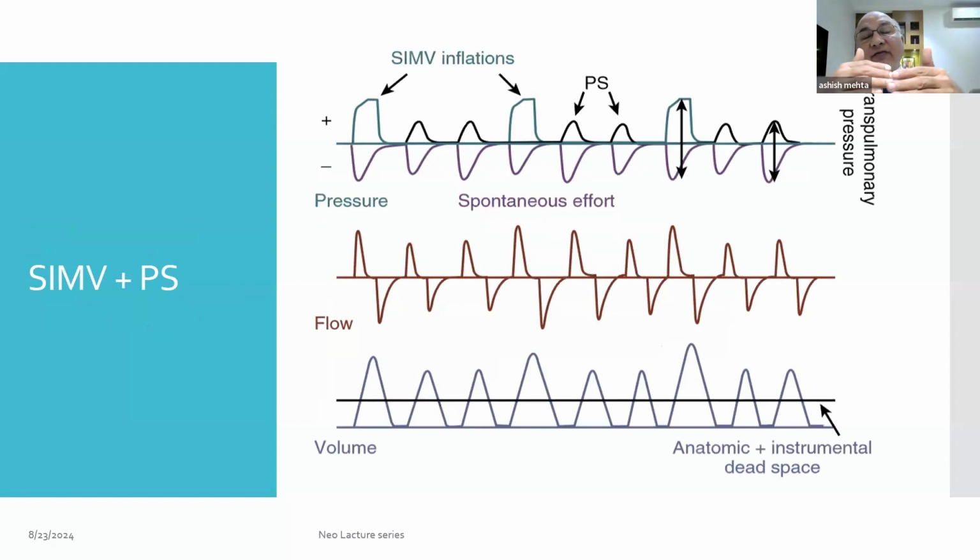We have seen in SIMV, when the baby is breathing spontaneously, the baby has to breathe through anatomical and instrumental dead spaces. Because the long tubing is there, the endotracheal tube is there, there is a flow sensor, there is a T-piece. So when I want to breathe spontaneously, I need to overcome the resistance of all these extra things which are there in the airway.